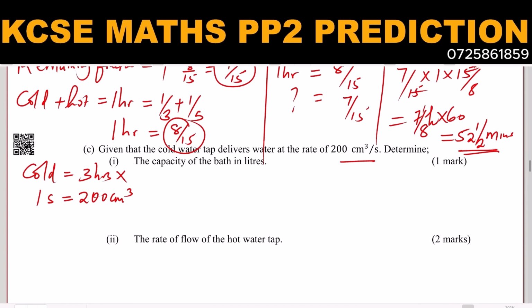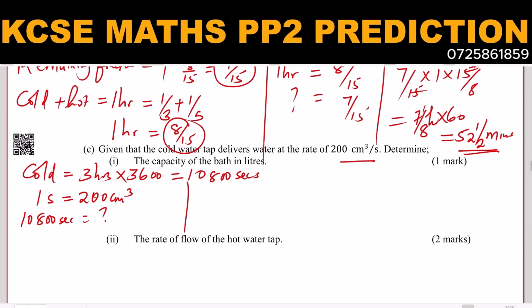So we can convert these 3 hours into seconds by multiplying by 3600, since 1 hour is equivalent to 3600 seconds, and this will give 10,800 seconds. So if in 1 second the rate of flow is 200 centimeters cubed, what about in 10,800 seconds?